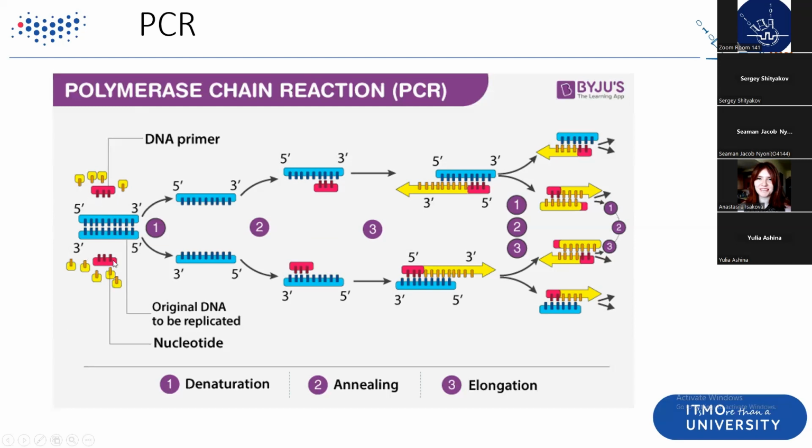If you design the primers, then you could design them in a way that you would have SNPs within this particular primer. This is a forward primer, this is the reverse primer, and you have also the nucleotides as building blocks to perform the amplification.